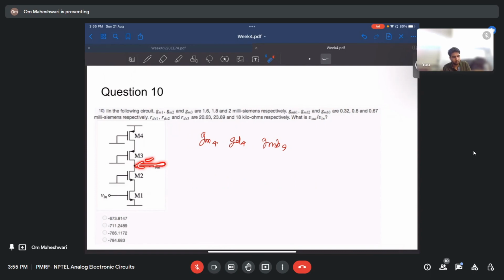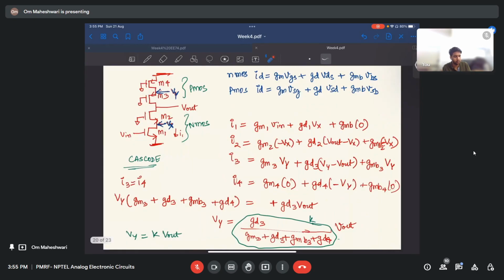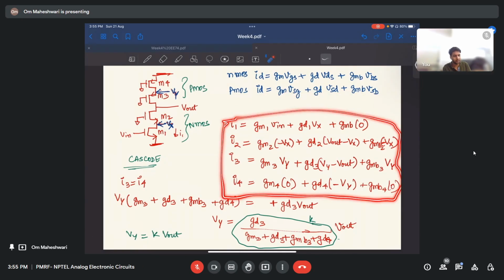So at this node, he has found the impedance and then just multiplied it by GM. So that way you can also do, but here we do not have to worry about anything if we use this method. We just need these two equations and we just have to solve all the equations and eliminate the variables. So in this way, your answer will never be wrong.